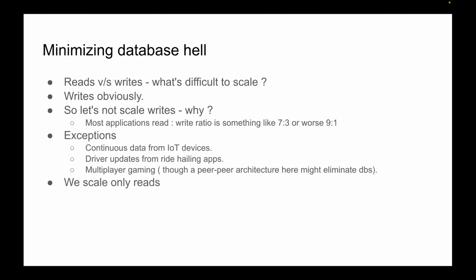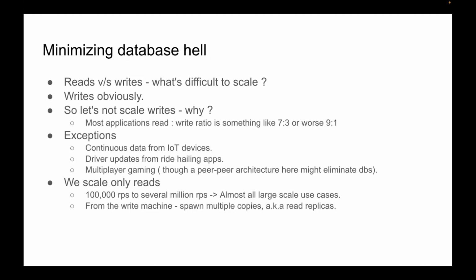For these exceptions, we figure out how to scale only reads, and we just do not scale writes at all. That's a perfectly viable option, because your reads are going anywhere from 100K RPS to a million RPS, and this is typical of almost all large scale use cases.